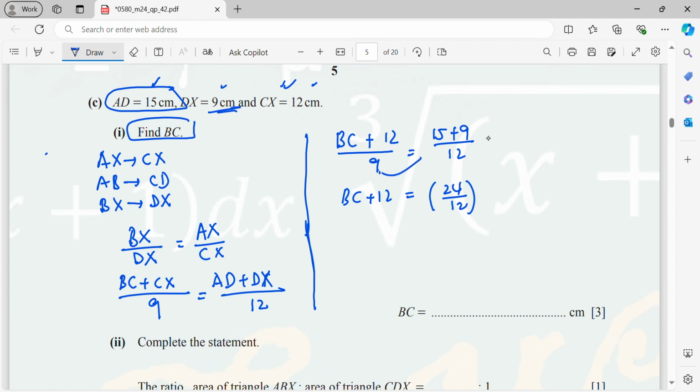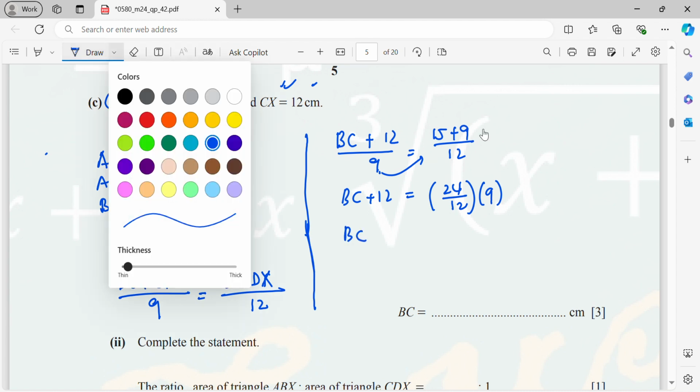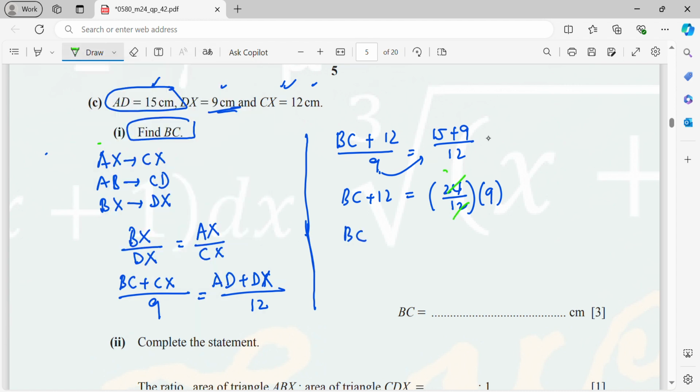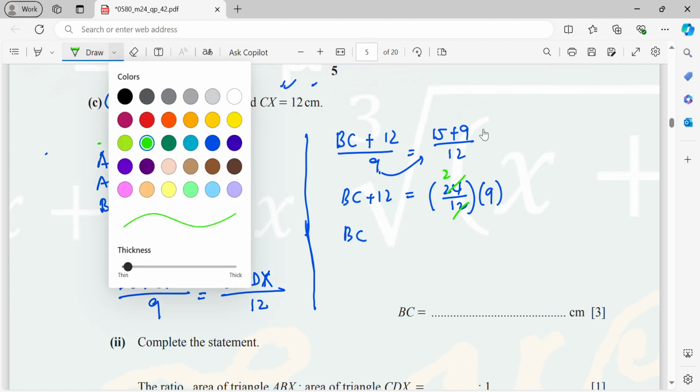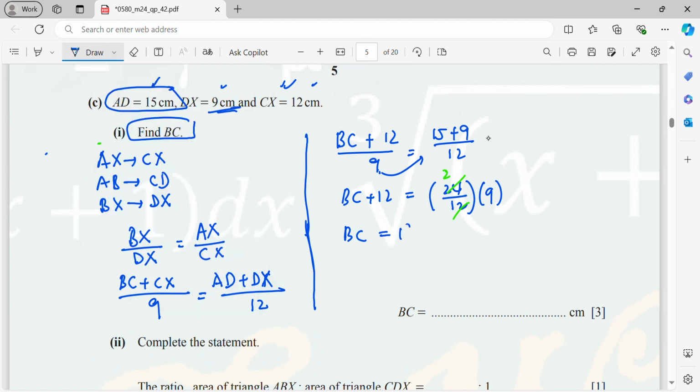The 9 moves up, so times 9. After that, your BC, this is basically 2. So 2 times 9 is 18. So I will get 18 minus 12, that is going to be 6. So my BC is 6 centimeters.